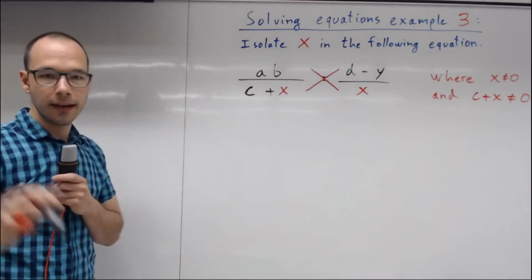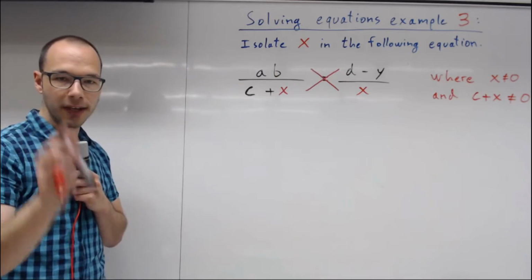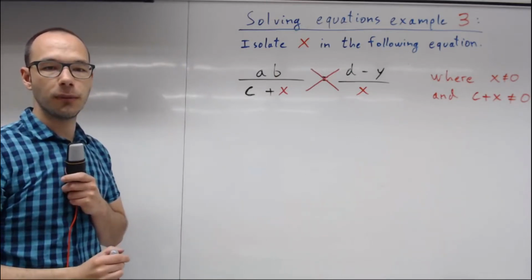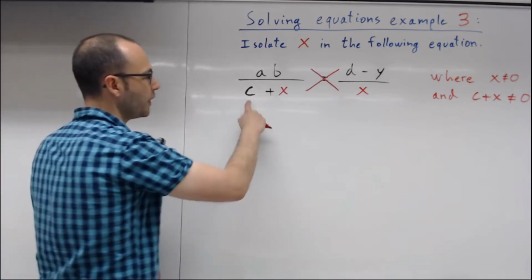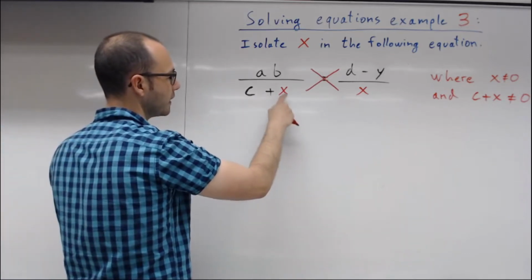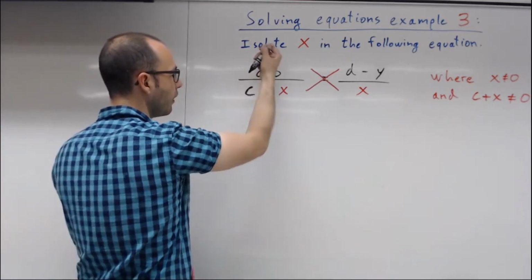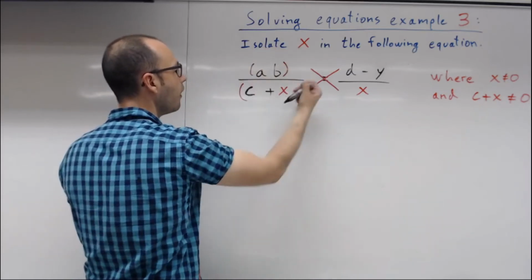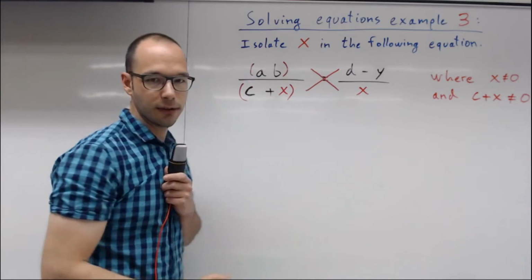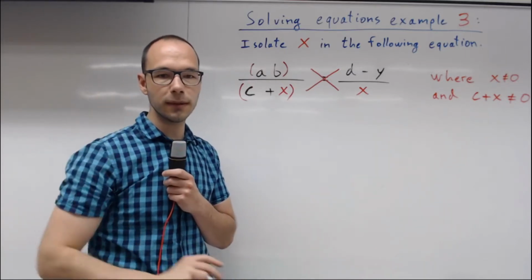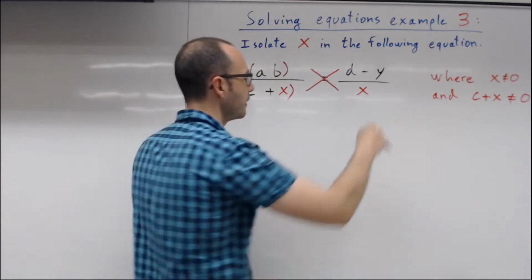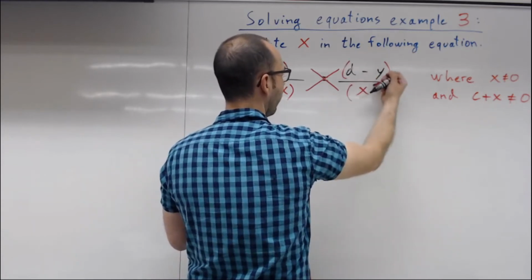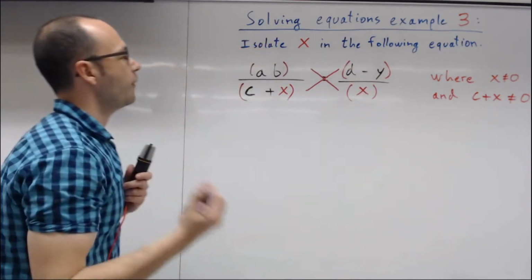But before doing that, you have to put the invisible brackets, because when you have an expression like this, it means that all of the numerator is divided by all of the denominator, just to make sure that you do not split anything. Same thing here: all of this is divided by all of that. And now you can cross multiply.